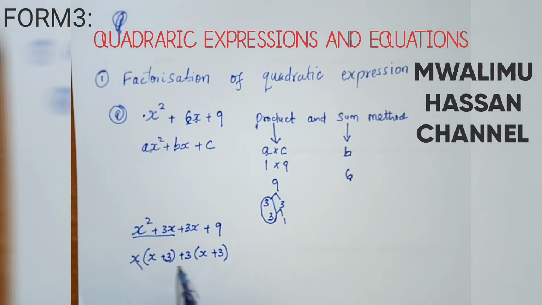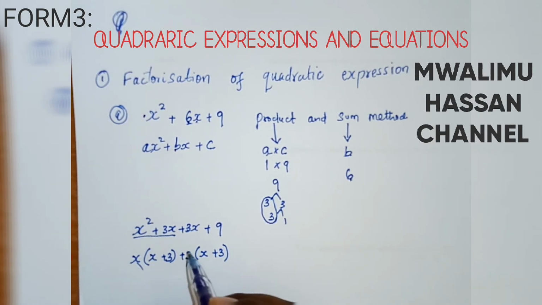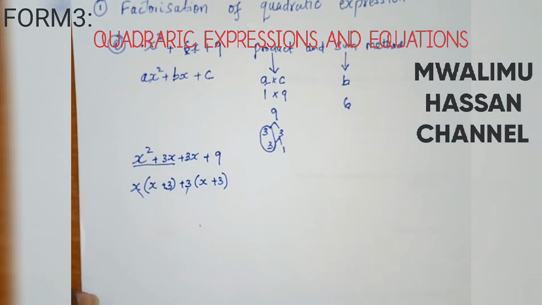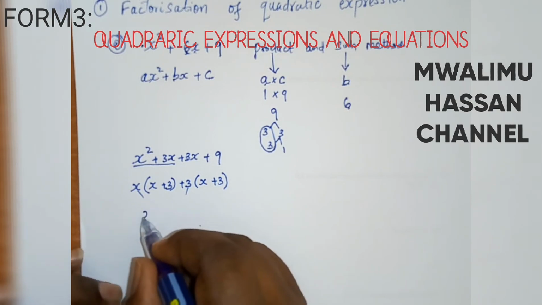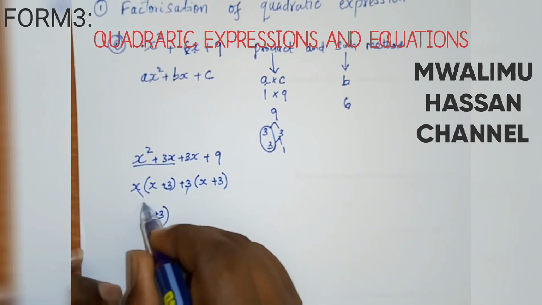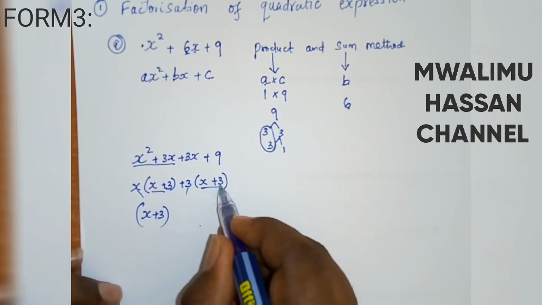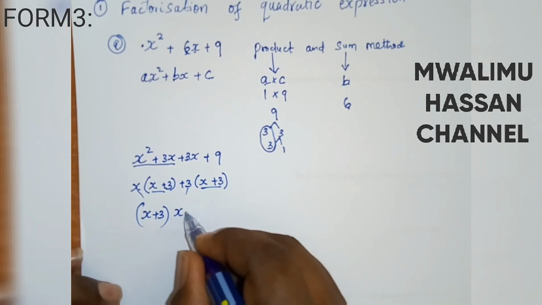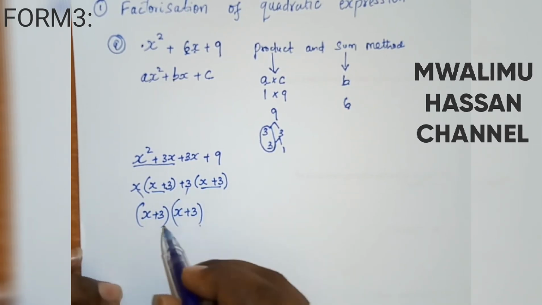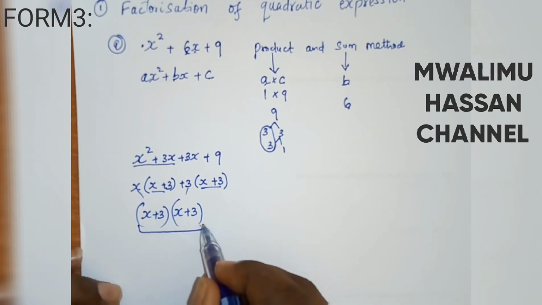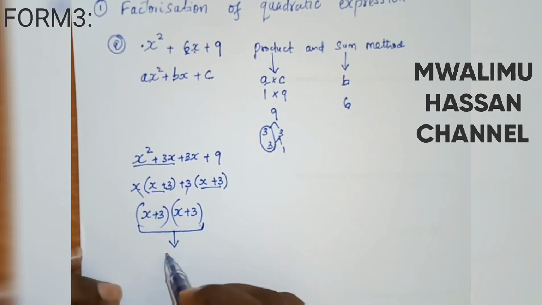Good. So we add these two numbers. So we have x plus 3. Since these two factors are equal, we just take 1, x plus 3. Now, as you can see, these two factors are equal.